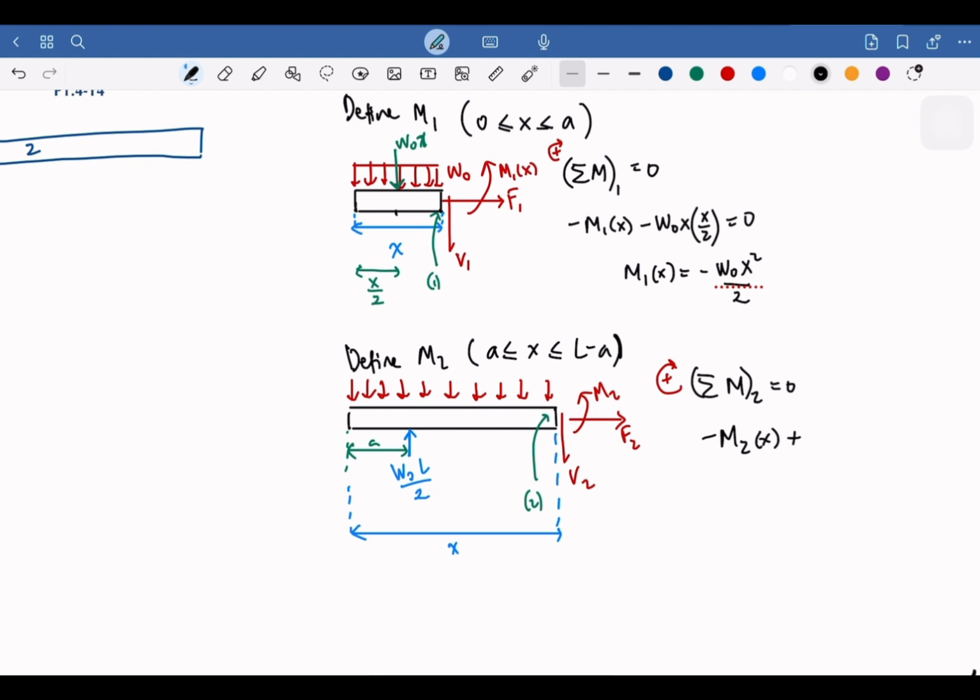oh, we have another W0 L over 2, or Wx, sorry, Wx here, and this will be x over 2.